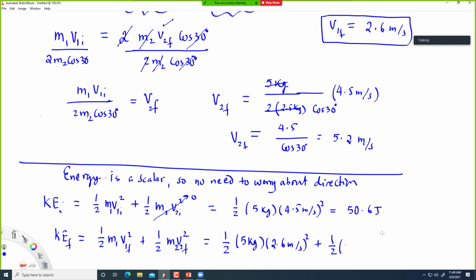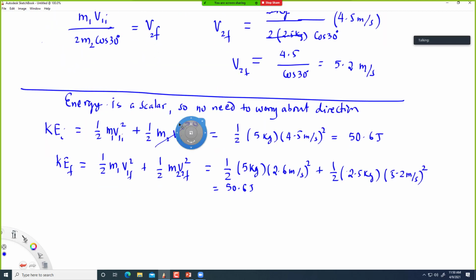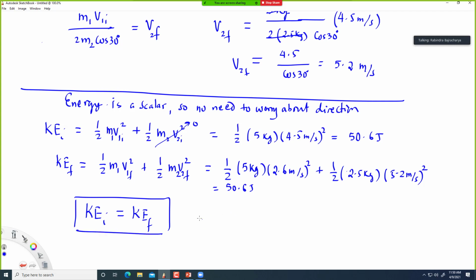Yeah, mass 2 is 2.5, that's right, and then velocity 2 final is 5.2 squared. So if you do the calculation, you get 50.6 joules. And what you see here is initial kinetic energy is equal to final kinetic energy. Now you can decide whether it's elastic or inelastic. If it is elastic, then there's no loss of energy. So since there is no loss of kinetic energy, it's an elastic collision.